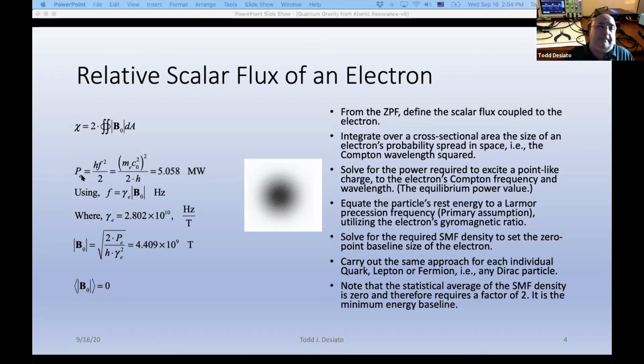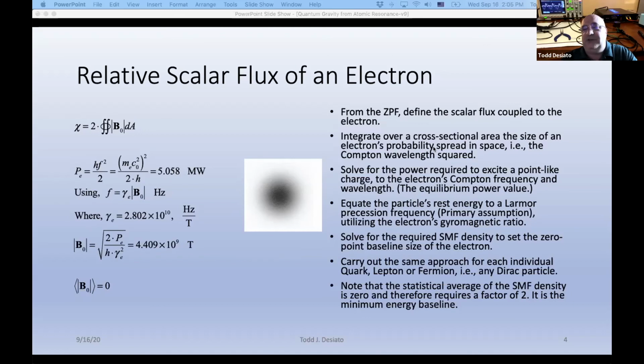When you integrate over the cross-sectional area of an electron, I use the Compton wavelength squared. And the reason for this is that in the Dirac equation, which is way too complicated to put here, we have equations of motion of an electron.